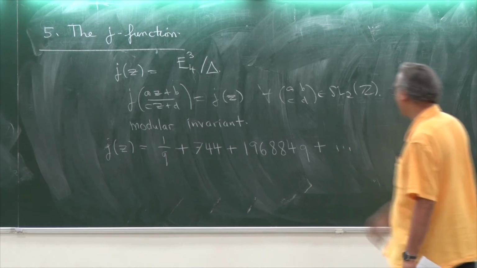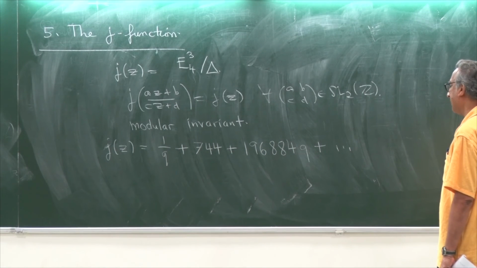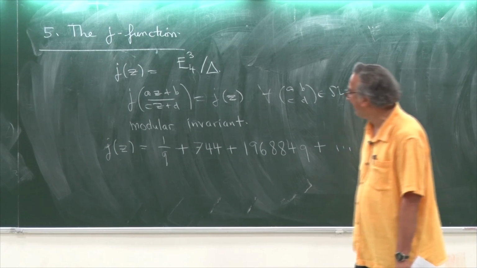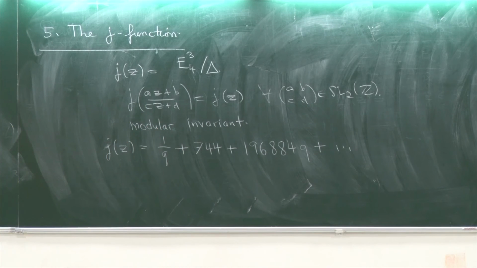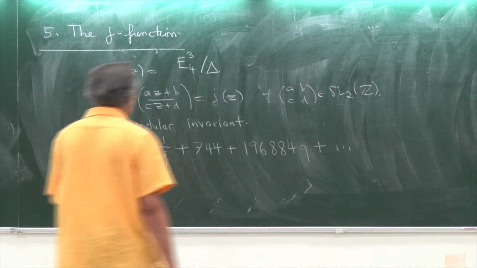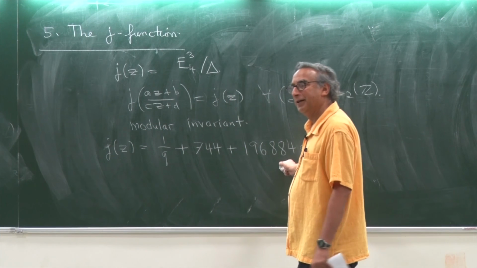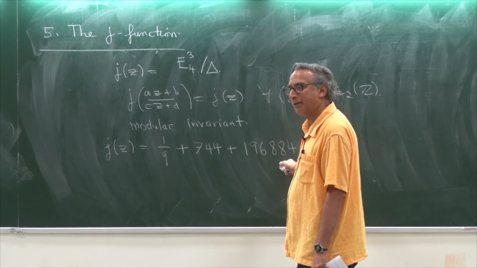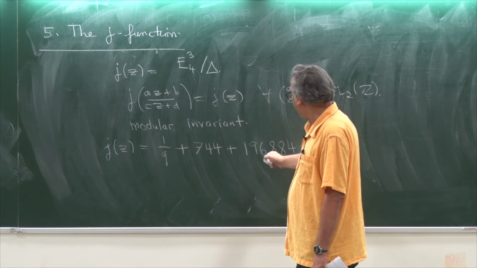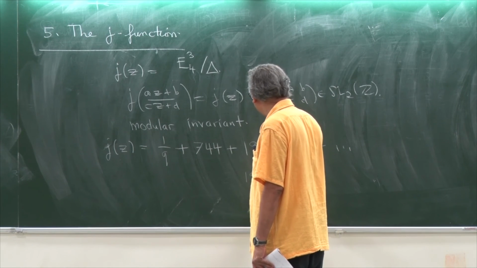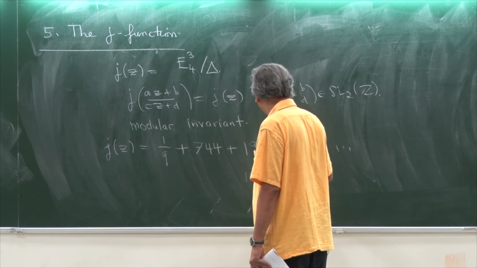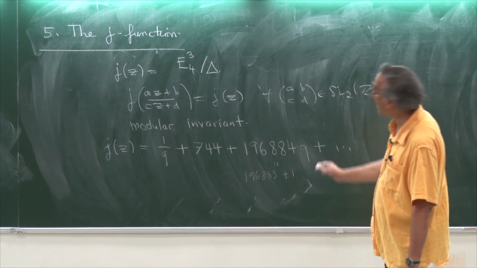I think I wrote down a few more coefficients in the book, but I write this down because I was actually in Montreal when John McKay, in the 1980s, made the observation that, hey, wait a minute, I saw this number 196884 somewhere. He was a group theorist studying the monster group, and it turns out that 196884 is equal to 196,883 plus 1.